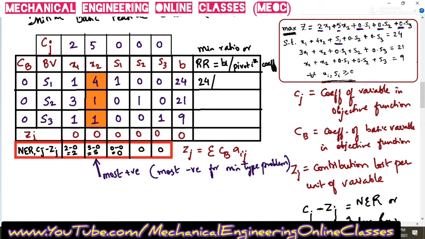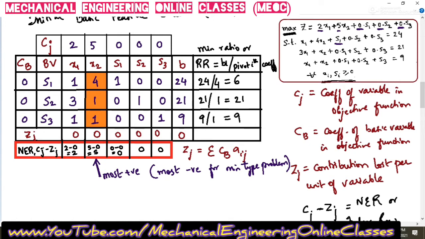The pivot column is the x2 column, so the coefficient is 4. So 24 by 4 is 6. Similarly for S2, it is B2, which is 21, divided by the coefficient 1, so it is 21. In the similar fashion for S3 it is 9 divided by 1, which is 9.